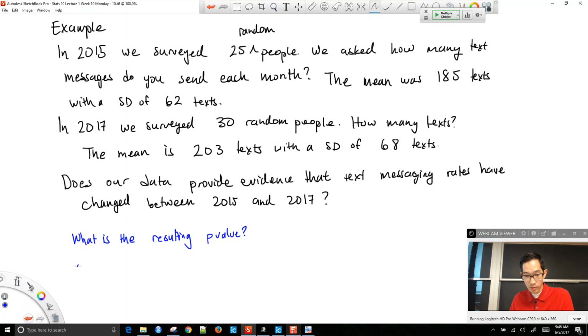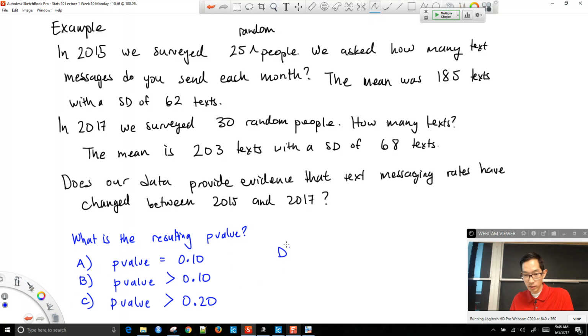Okay. A is the p-value is equal to that. B is the p-value is greater than that. C will be the p-value is greater than that. And we'll say D, we'll just do that.